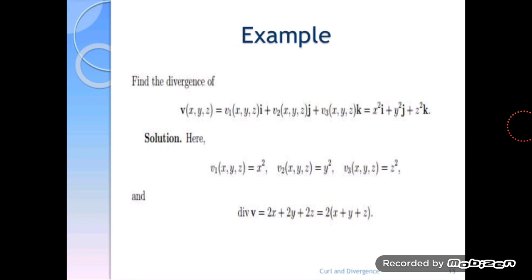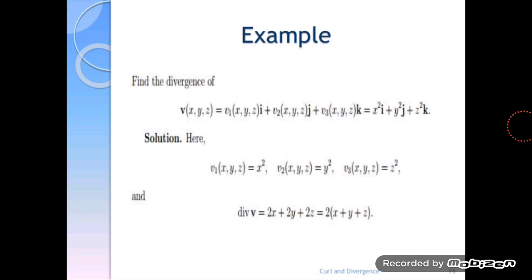The solution is the same as in the previous slide. v1 of xyz is equal to x square, v2 of xyz is equal to y square, and v3 of xyz is equal to z square.